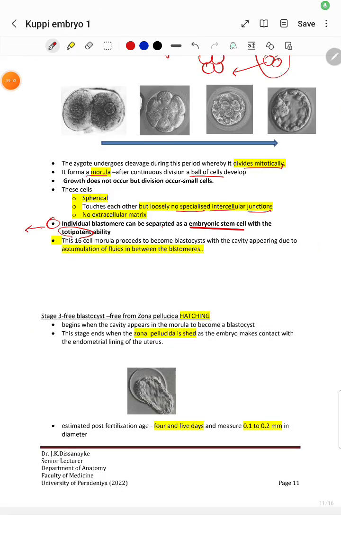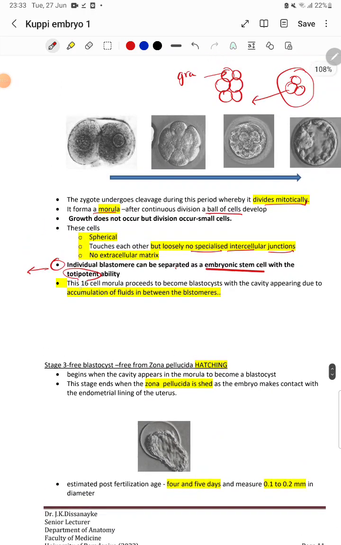The morula with 16 cells will eventually become a blastocyst. This is because within it you'll have a cavity, known as the blastocystic cavity, which arises between the individual blastomeres.